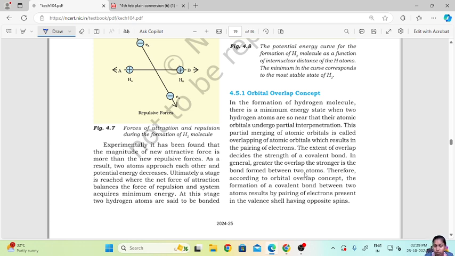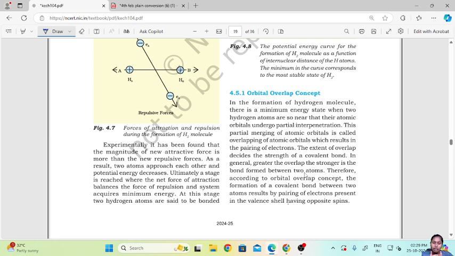So according to the orbital overlap concept, the formation of a covalent bond between two atoms results from pairing of electrons present in the valence shell having opposite spins. For example, opposite spins means if I lock my hands in opposite directions, this is stronger than overlapping them like this.